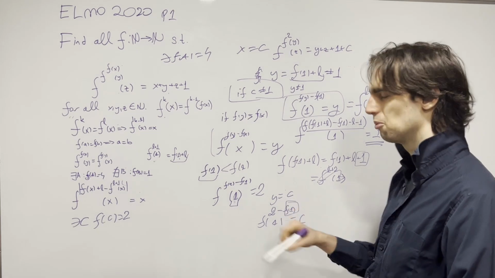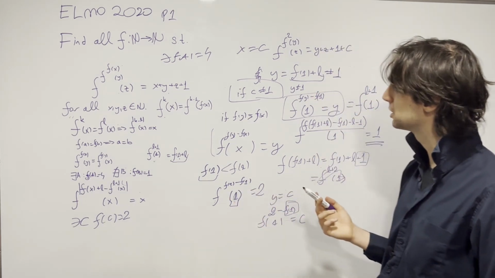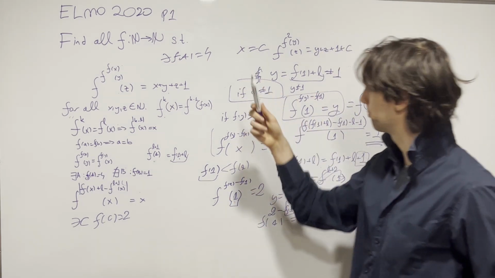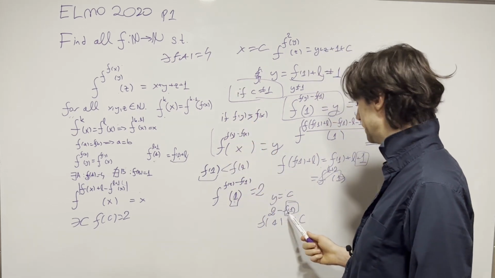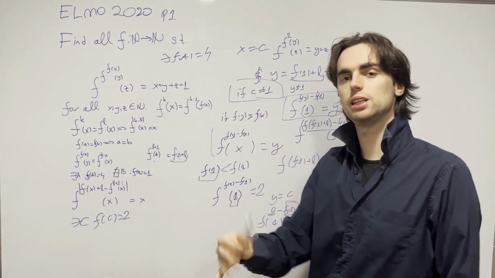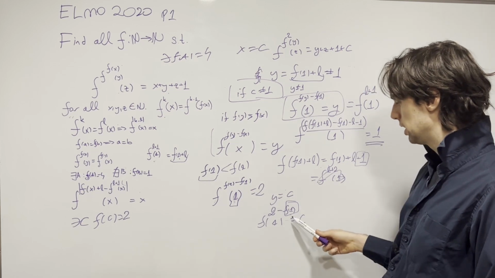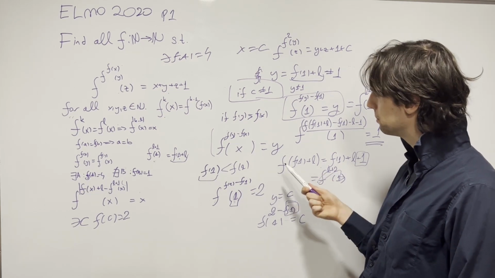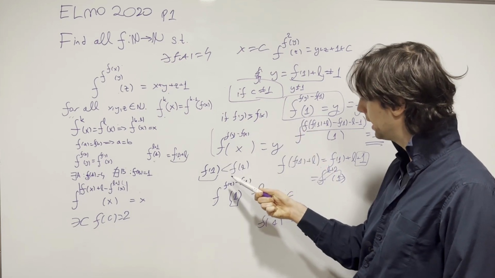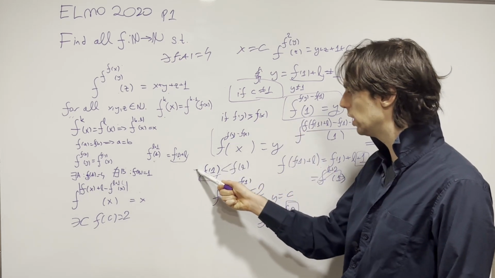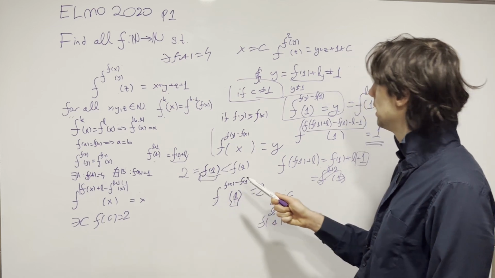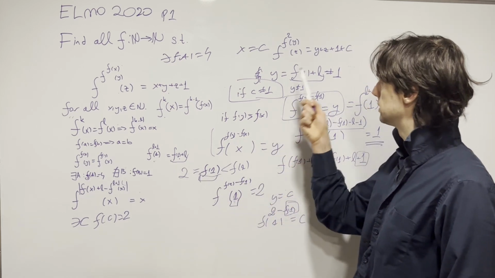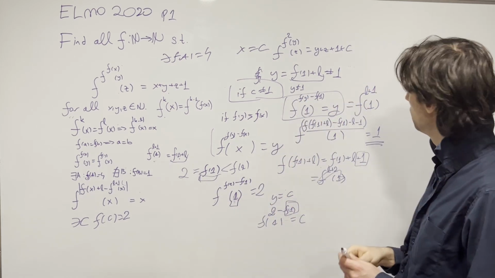So the 2 is the smallest thing we can get. If it wasn't the case, then 1 must be the smallest thing we can get. So f of 1 is equal to 2, and now we're done because f of L plus 1 of 1 is equal to 1.